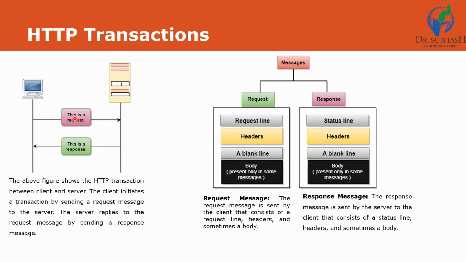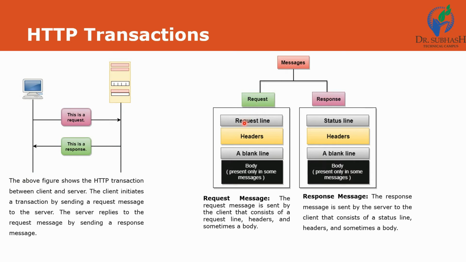How are transactions performed in the HTTP protocol? As we discussed, this is a client and this is the server. This is a request. The server will work on the request and produce output. This output is passed in the form of a response to the client. Message, request, and response.